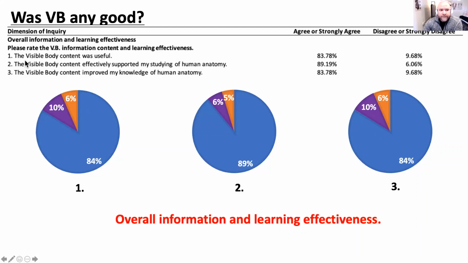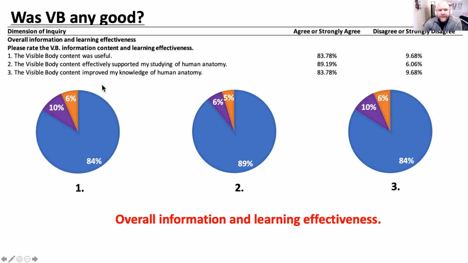So they agreed that the Visible Body content was useful. 84% of our students had that feeling from the software, and that it effectively supported their study of human anatomy. So almost 90% of the students agreed that Visible Body was effectively supporting their learning.